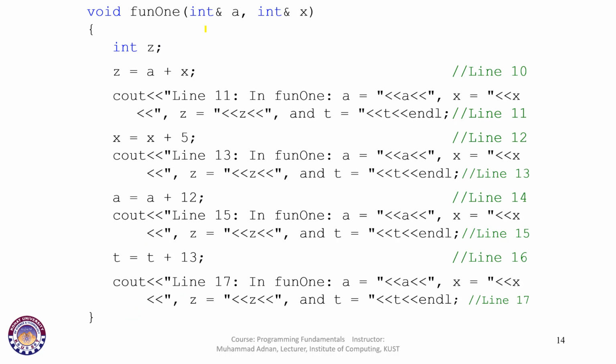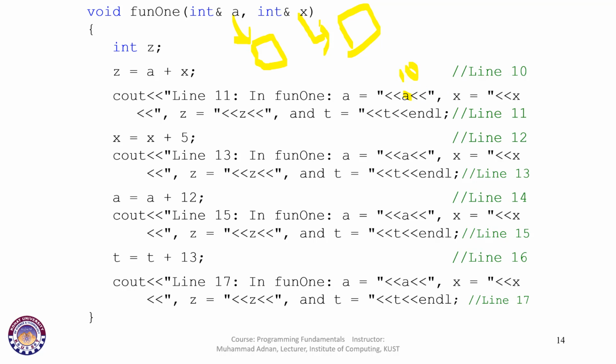Here a is pointing to the location of num1, and x is pointing to the location of t. We declare a local variable called z. We add a and x and store the result in z, and then we print the value of a, which will be 10.